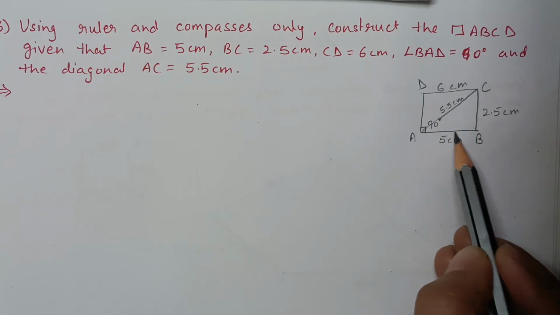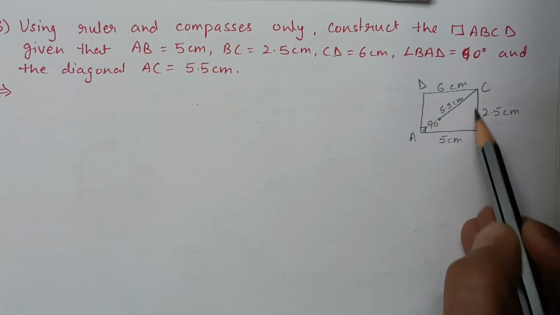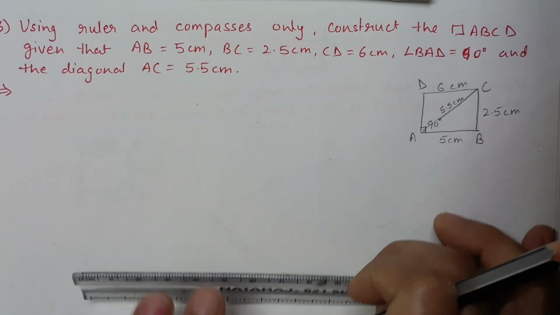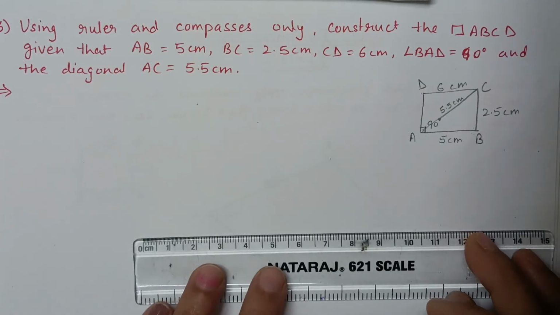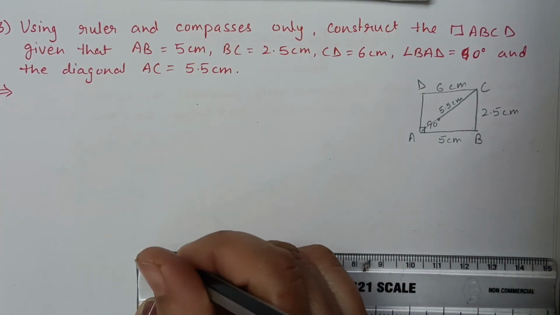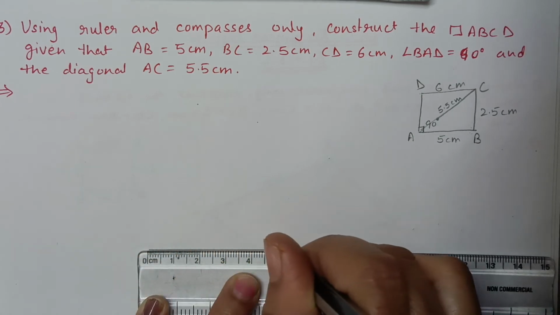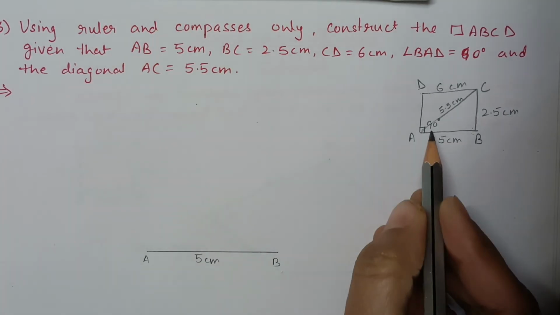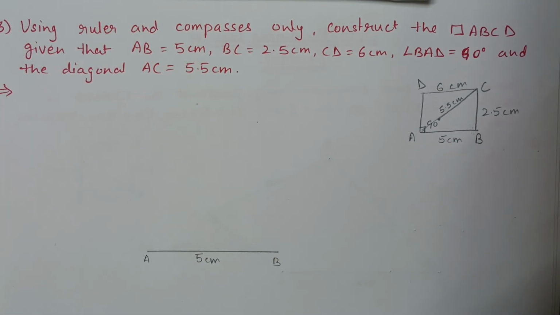So first we will draw this baseline. We will complete this triangle and this 90 degree angle. So first of all we'll draw AB 5 centimeter. Then at A we have to construct a 90-degree angle.